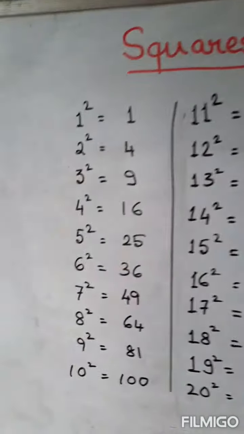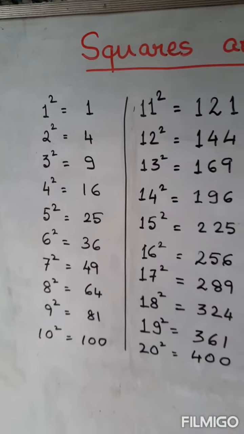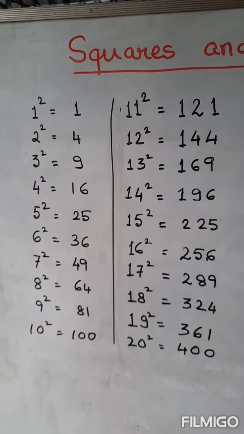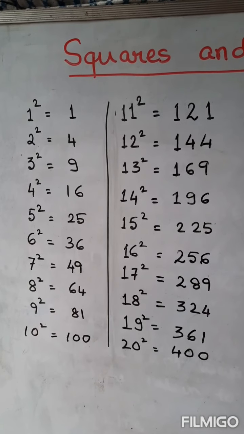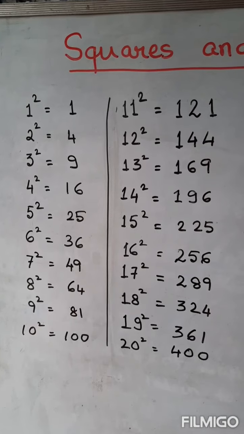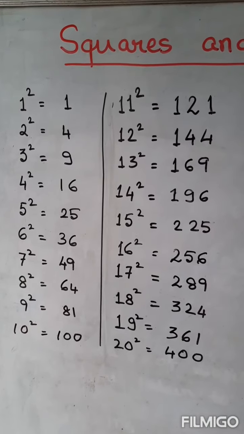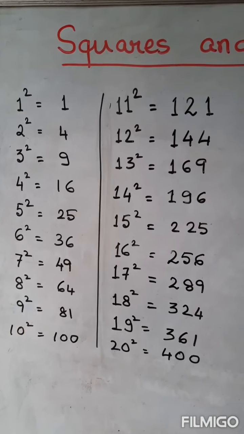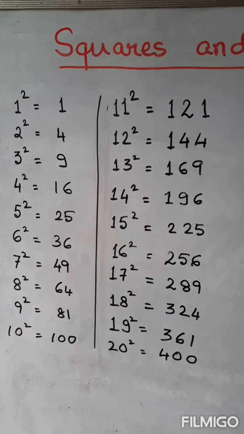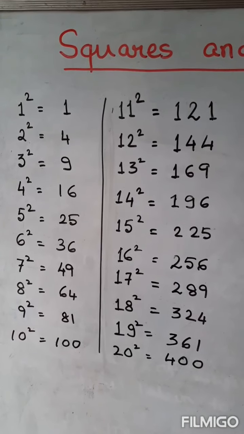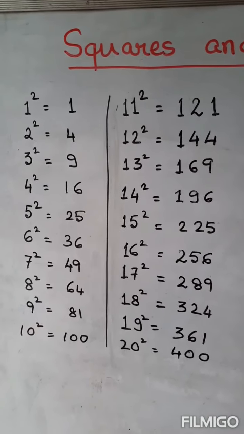From 1 to 20 the square numbers are given over here, where we have multiplied the same number with the same number and we get the square numbers. Say 2 square is 2 into 2, 3 square is 3 into 3, and we get these numbers.